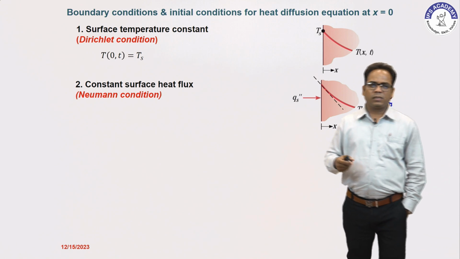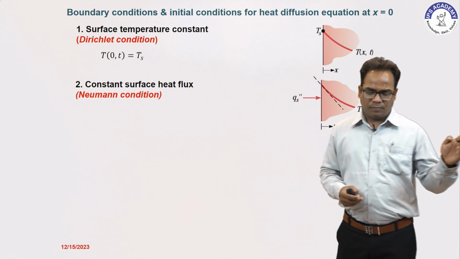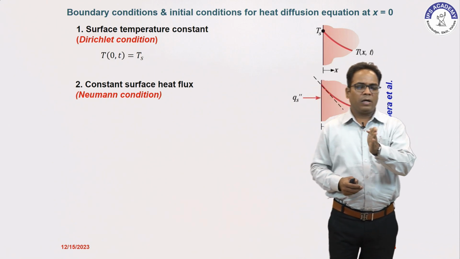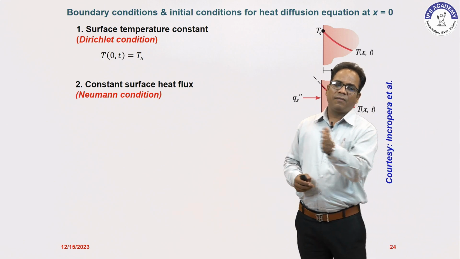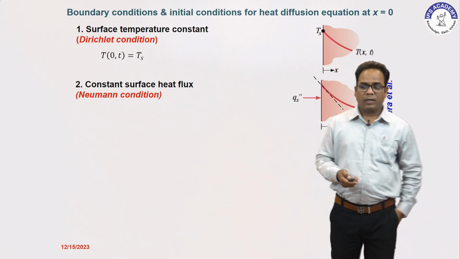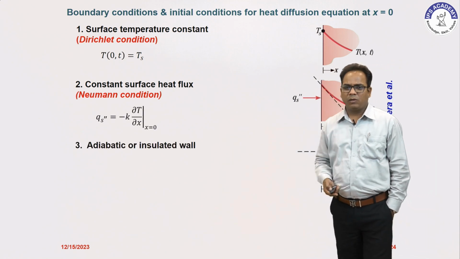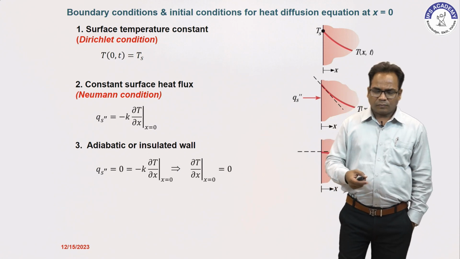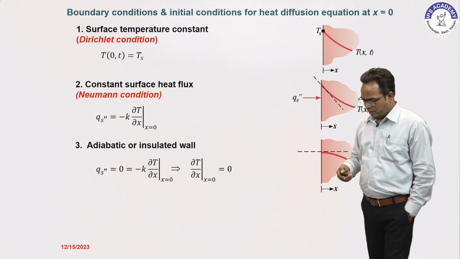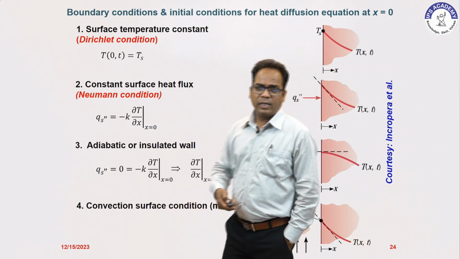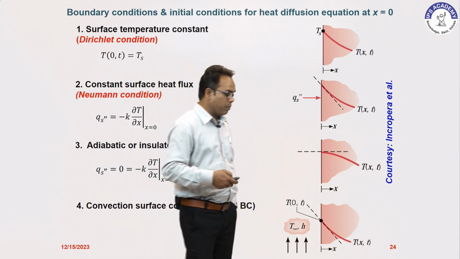The second boundary condition is constant surface heat flux, meaning the heat flowing towards the control volume is constant. The third boundary condition is an adiabatic or insulated wall, for which heat is not transferred across the insulated wall. And the fourth boundary condition is the convection surface condition, or the mixed boundary condition.